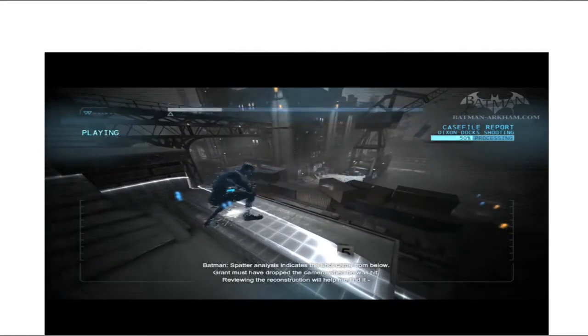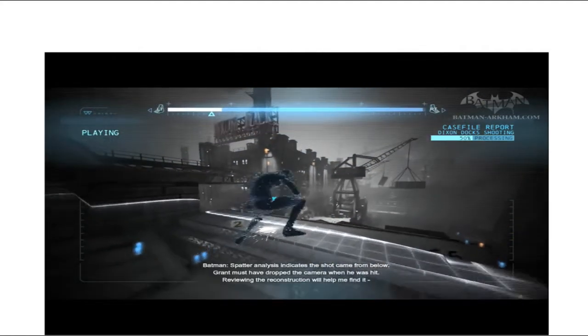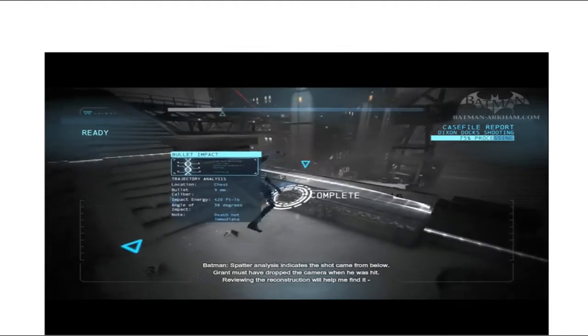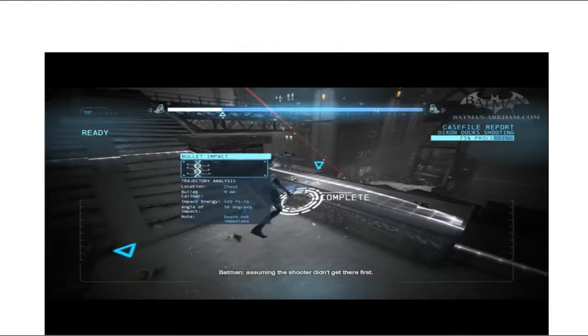He's Spatter reconstructing the crime. analysis indicates the shot came from below. Grant must have dropped the camera when he was hit. Reviewing the reconstruction will help me find it, assuming the shooter didn't get there first.